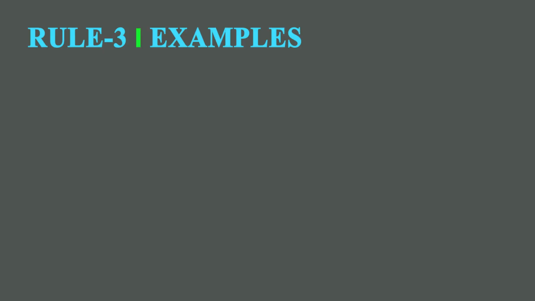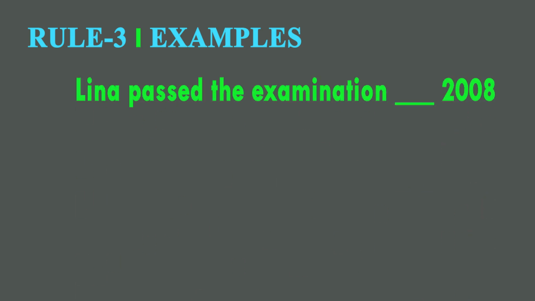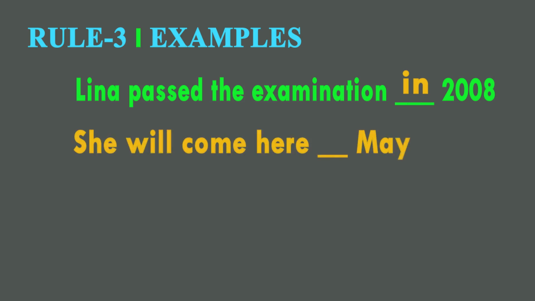Let us take some examples for better understanding. Lina passed the examination dash 2008. 2008 means year and we use the preposition in. Lina passed the examination in 2008. She will come here dash May.